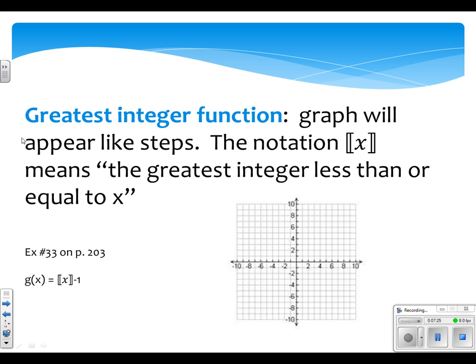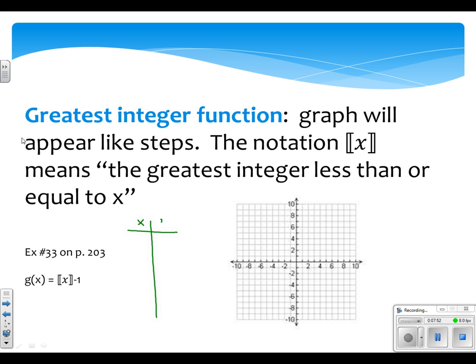Well, the easiest way I felt to show you this was to actually come up with a table of values for this particular function. I pulled one out of our homework page. It's example number 3 found on page 203. But it says g of x is equal to the greatest integer less than or equal to x, minus 1. So that's our whole function. It's a mouthful, but I'm just going to build you a table of values.